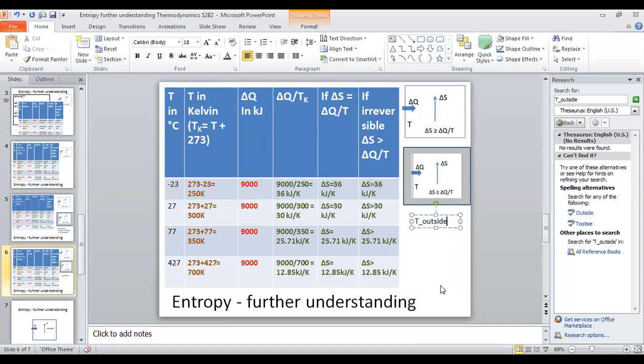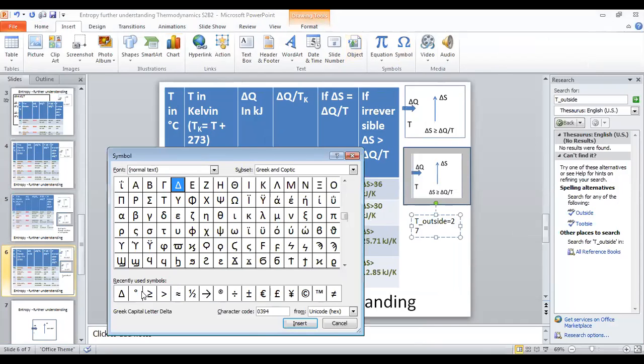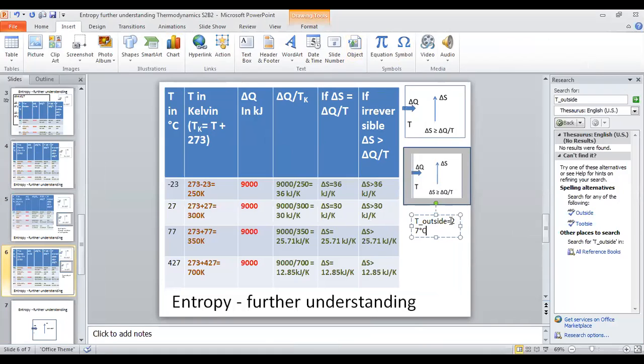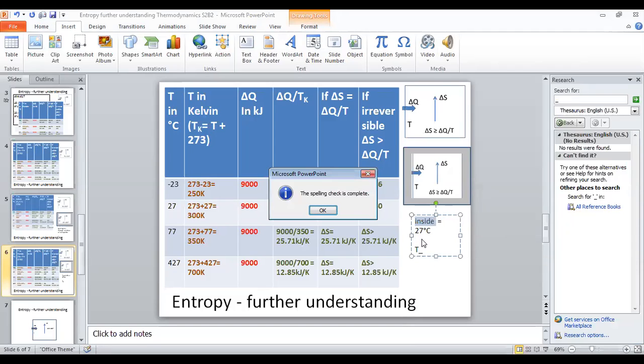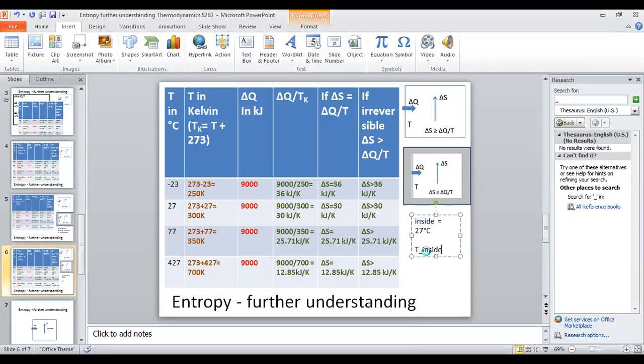So when you write the symbols, when we do the coding, T outside, let's say 27 degrees Celsius. And let's say T inside.